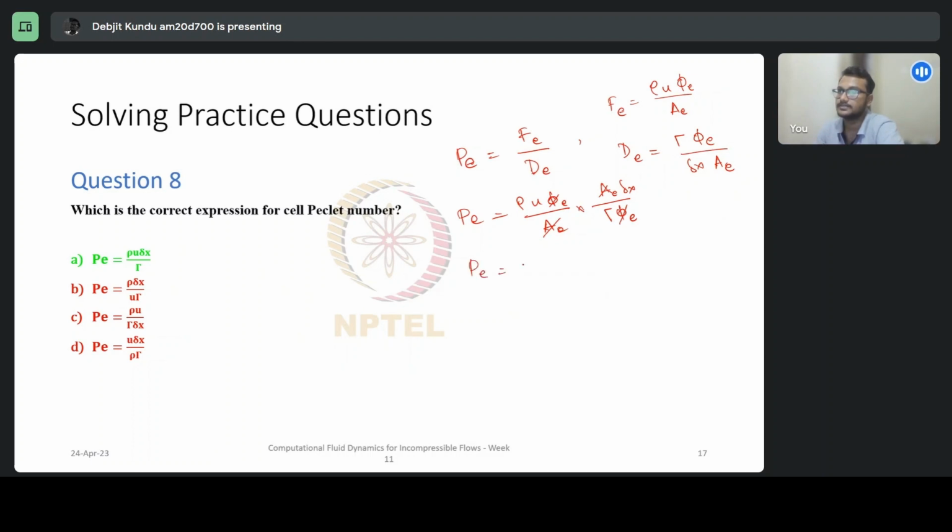What remains is rho U delta X over gamma. That is the first option, option A. Clear? So let's move on.